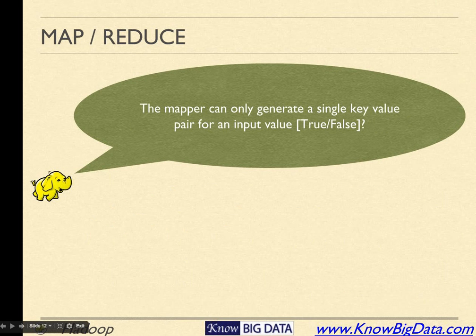Now, the mapper can only generate one single key value pair for an input value. Is that true or false? Okay. So, Abhishek and Anuj, is that true or false?